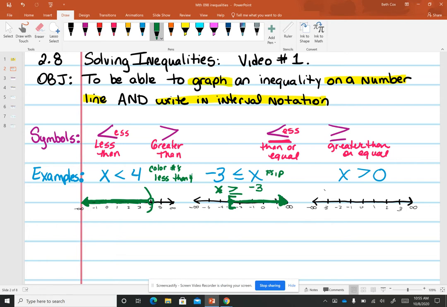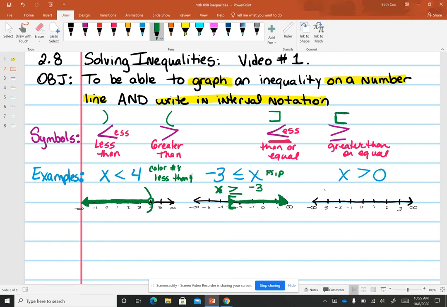Here's the way this works. When we do interval notation, which is what we're going to do next, we use brackets and parentheses. On the less than, we use a parentheses. On the greater than, we use a parentheses. But when we have a less than or equal, we use a bracket. Greater than or equal, a bracket.